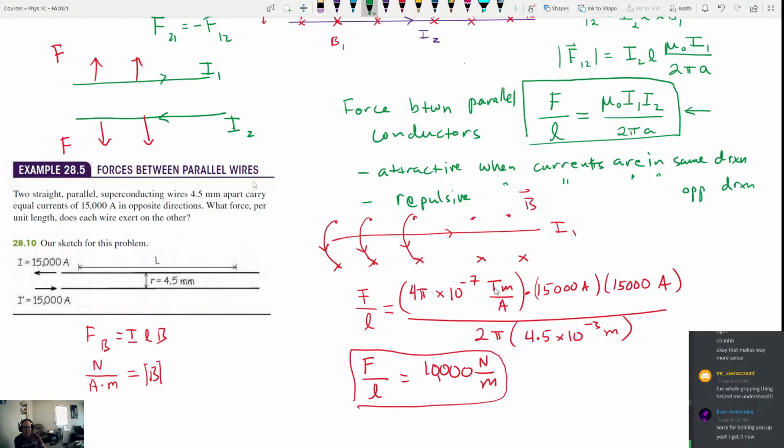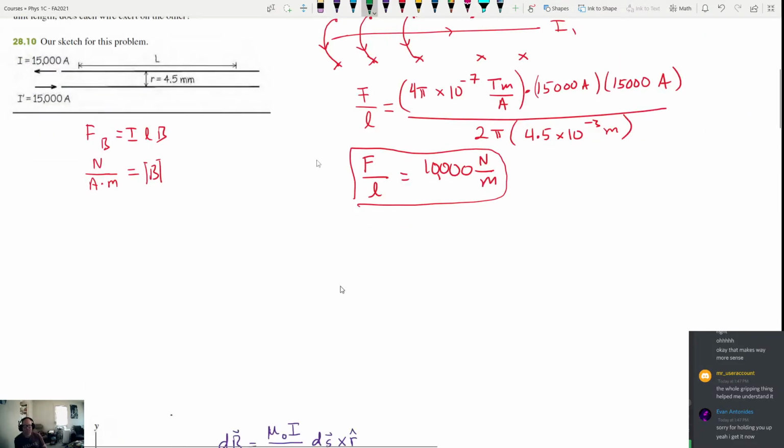In total, we have Tesla meter over amp. Let's write out all the steps. Tesla meter over amp times amps squared, and then divided by meters on the bottom. So Tesla is newtons over meters times amps. So now we have amps squared.